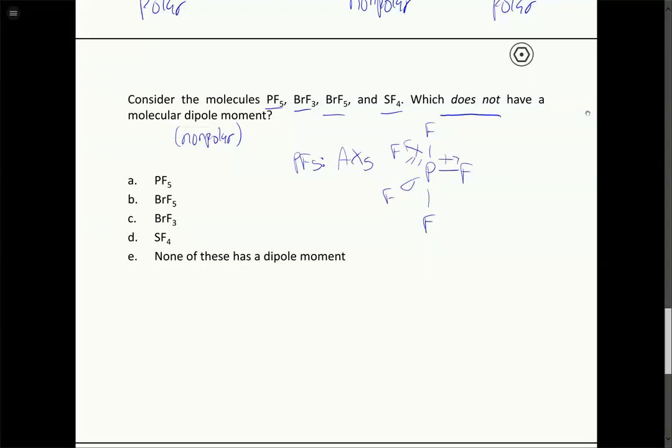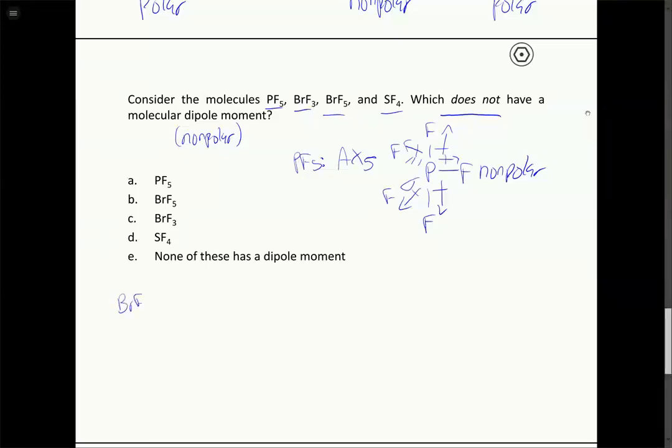And even if that's not obvious from the picture, these three on the trigonal plane cancel each other out, and then you have the two apical positions, one pointing up, one pointing down, those dipoles cancel out. Fluorine is more electronegative than all of these, so the bond dipoles are always going to point towards fluorine, but this one's going to be nonpolar. And all of the AXn structures where there's no lone pairs, so this is AX5 with no lone pairs, those will all give nonpolar molecules as long as all the X's are the same. So we don't have to think about this one.